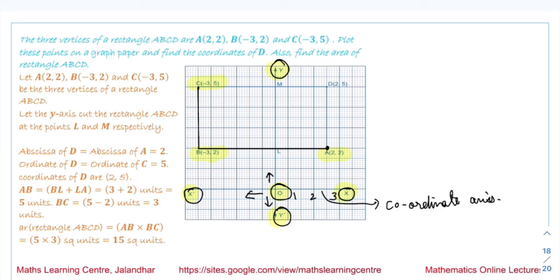So we draw a line perpendicular to AB, and we draw a line perpendicular to BC at C. These are the two lines we are talking about. They will intersect at some point over here, and we say this is the point D.